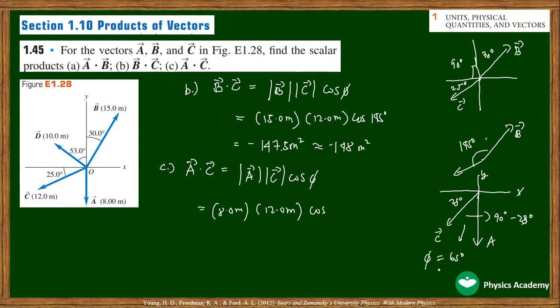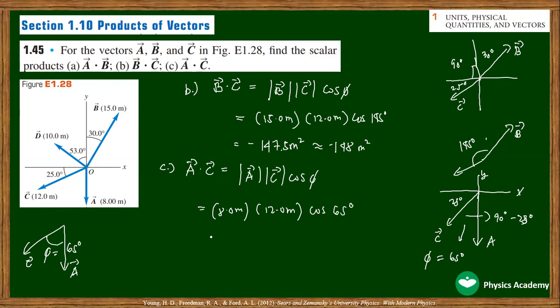So phi is equal to 65 degrees. This is A and this is C.